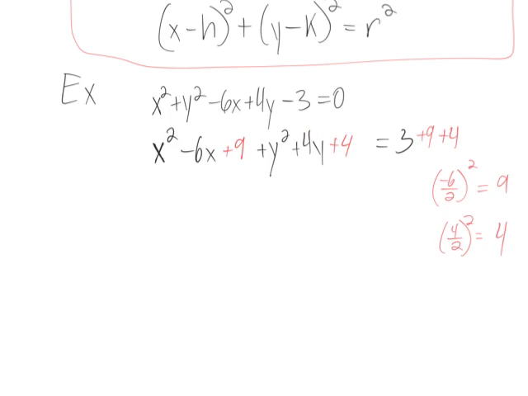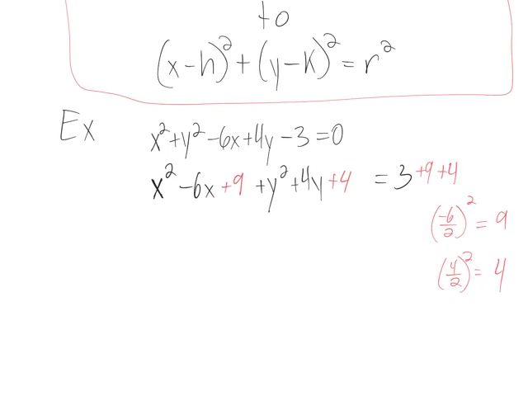I'll factor both of those, and that will give us this standard form right here, okay? Perfect square trinomial factored here, and perfect square trinomial factored here. And on the other side, this will just be a constant.